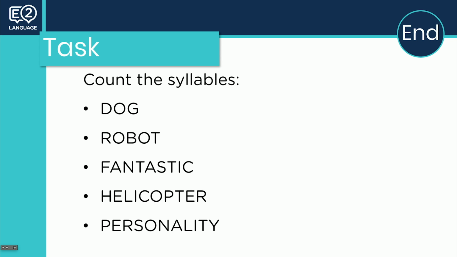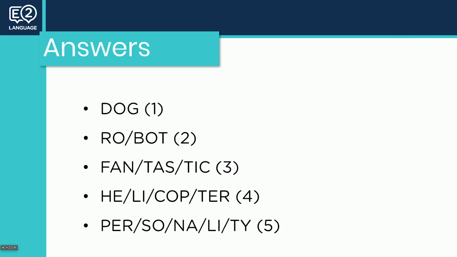Okay, let's take a look at the answers. So, dog, 1 syllable. Robot, 2 syllables. Fantastic, 3 syllables. Helicopter, 4 syllables. Personality, 5 syllables. So it's important to understand that they are syllables.